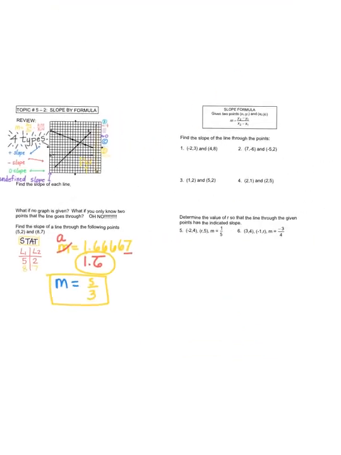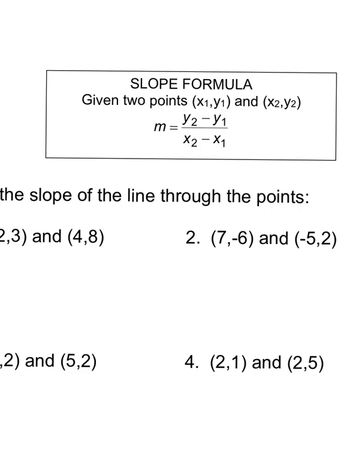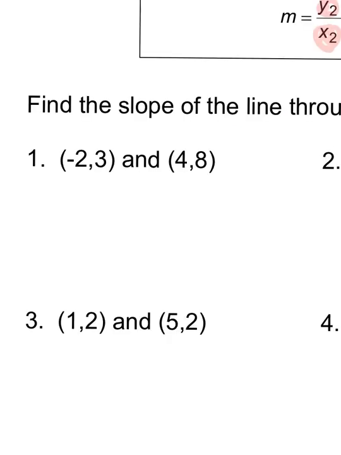Now on the next few problems, we will be using the slope formula. Given 2 points, x1 and y1, and x2 and y2, the slope will be found by taking y2 minus y1 over x2 minus x1. Let's practice this. It may be helpful first to label your points x1, y1, x2, y2.